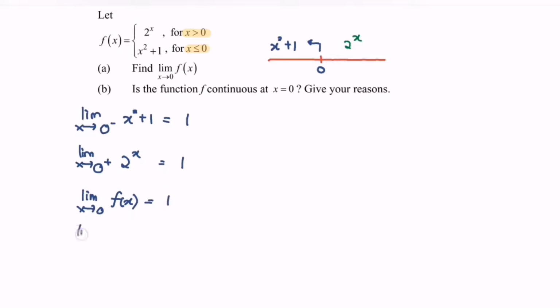Because the limit when x approaches 0 from the left for the function f(x) is equal to the limit when x approaches 0 from the right for the function f(x), it is the same. So the limit when x approaches 0 for the function f(x) is approaching 1, and the limit exists.